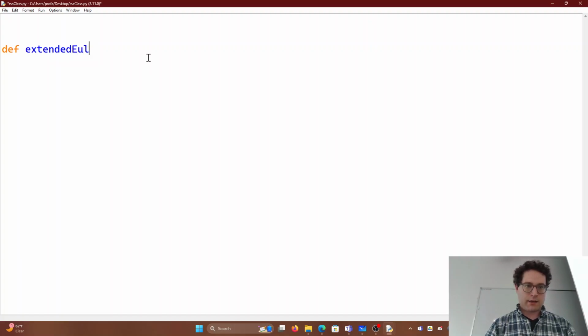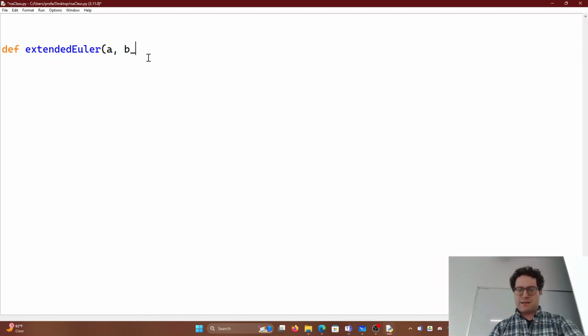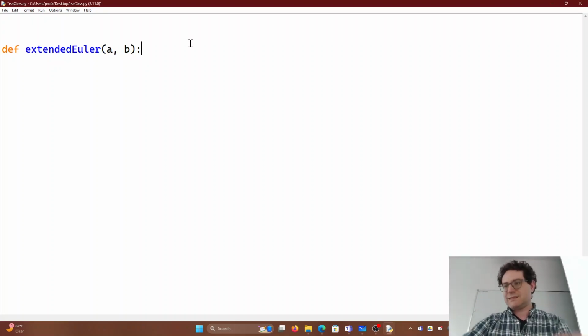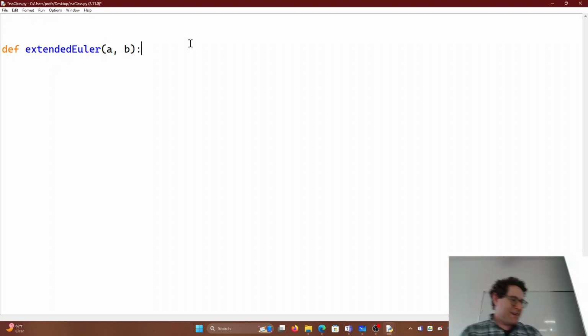Extended Euclid, which will take in A and B. If you're not familiar with Python, it's going to look so much like pseudocode, it's crazy. That's the weird thing about Python. So A and B.